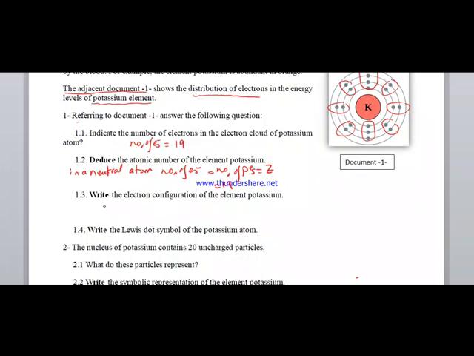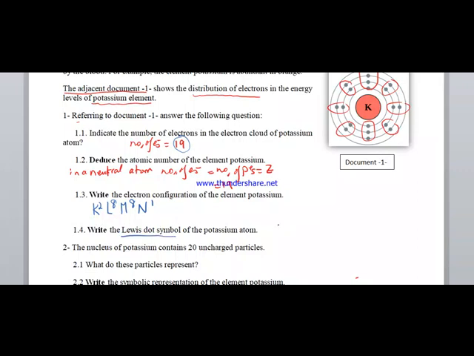Part 1.3, write the electron configuration of the element. Since we have 19 electrons in potassium, the electron configuration will be K2, L8, M8, N1. Then the Lewis dot symbol of potassium.